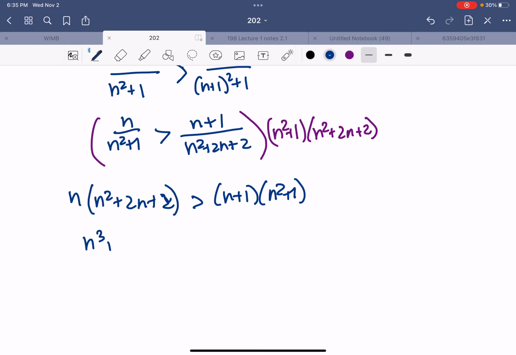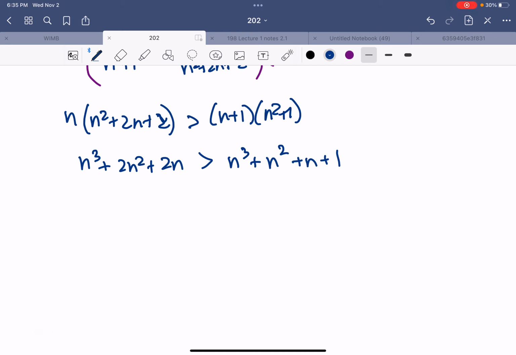This is n cubed plus 2n squared plus 2n. And we're saying that that's greater than n cubed plus n squared plus n plus 1.